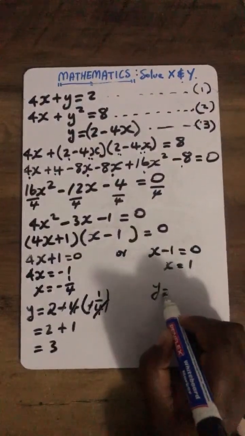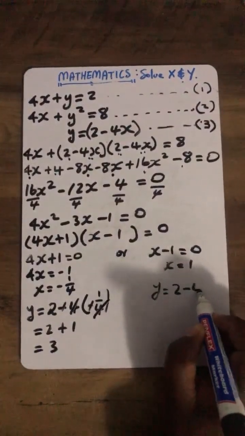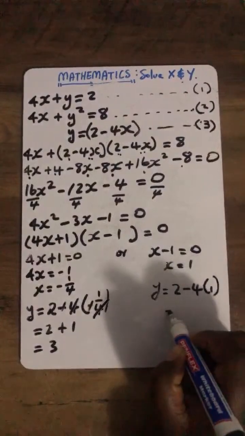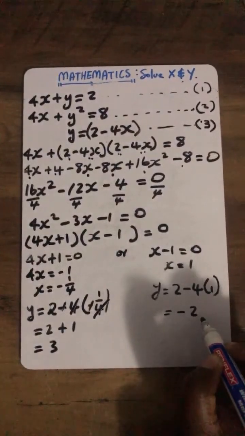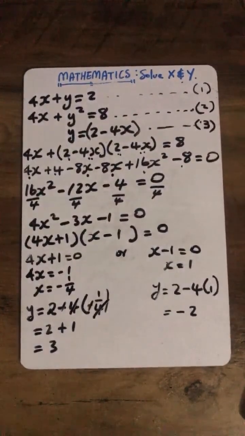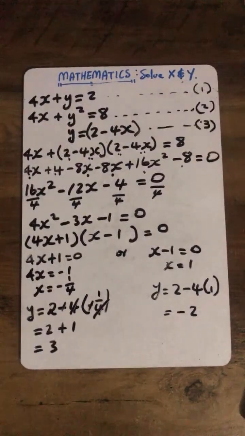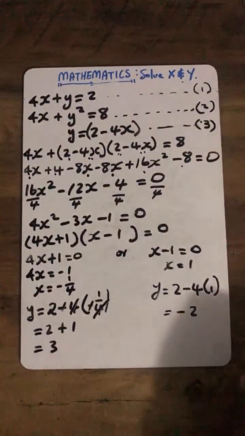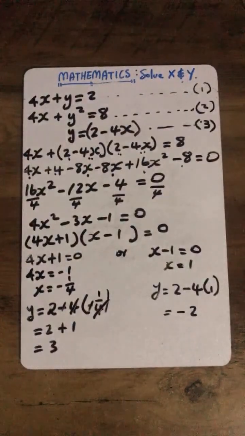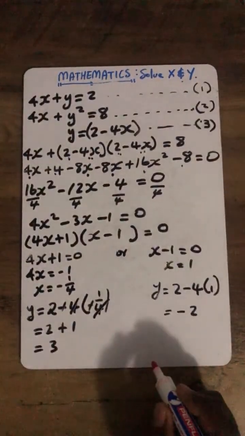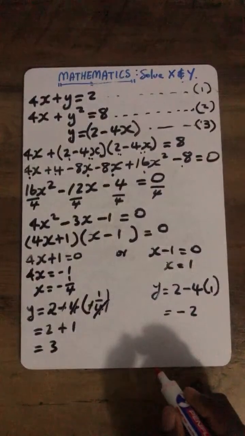Then on this other side, you've got your y, you've got 2 minus 4 into that, and it ends up being that. So guys, are you getting a different answer from what I'm getting, or are you getting the same answer?